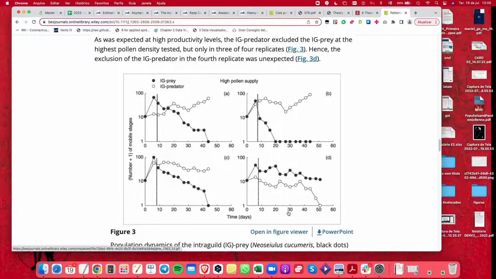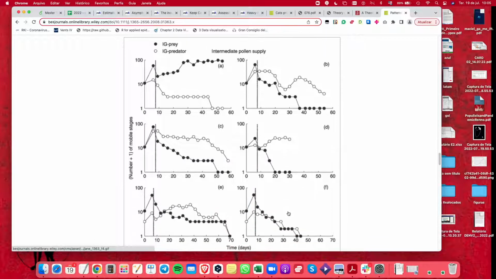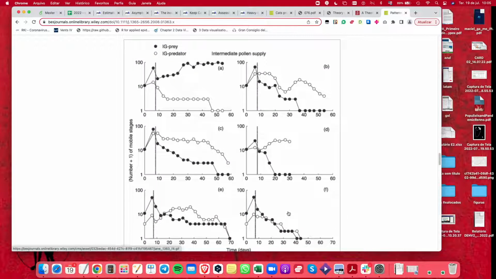Now the interesting thing is when you go to intermediate pollen supply. In the first one, the integral prey will prevail, because the competition is already strong. Then in B, the prey is eliminated, and the predator will be eliminated because it cannot survive only on the resources.